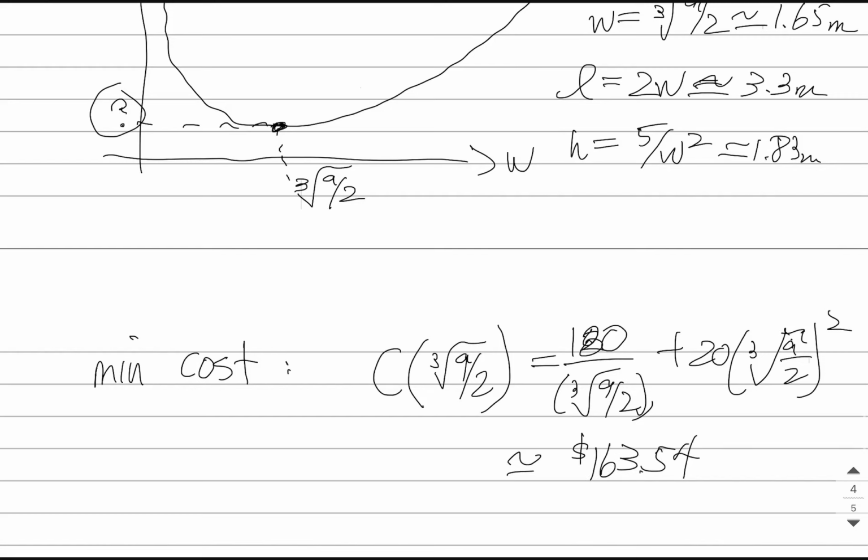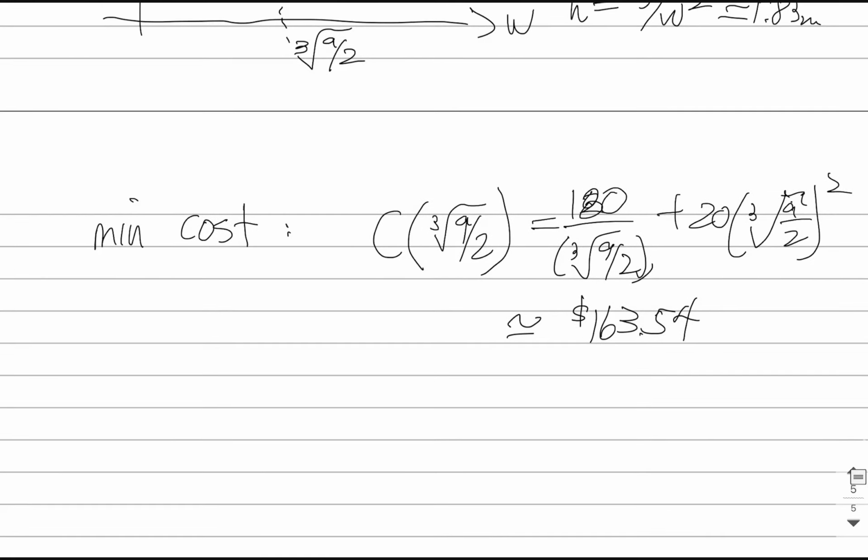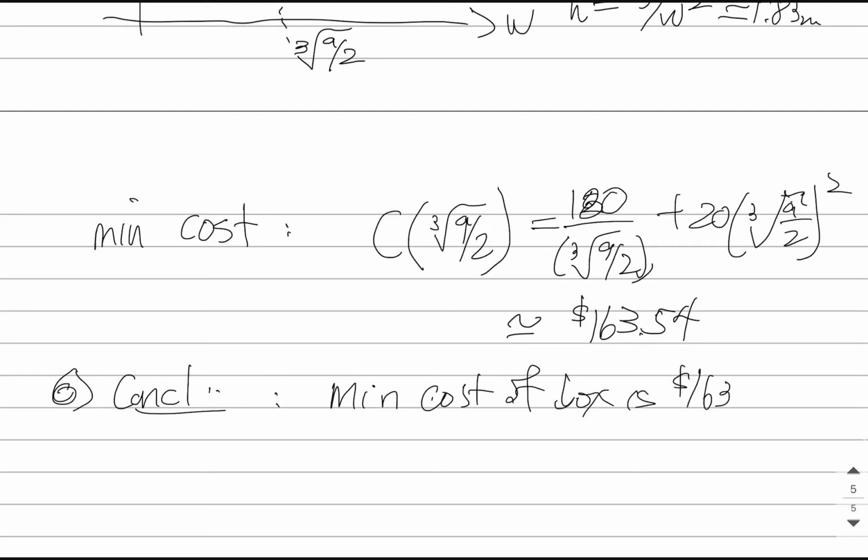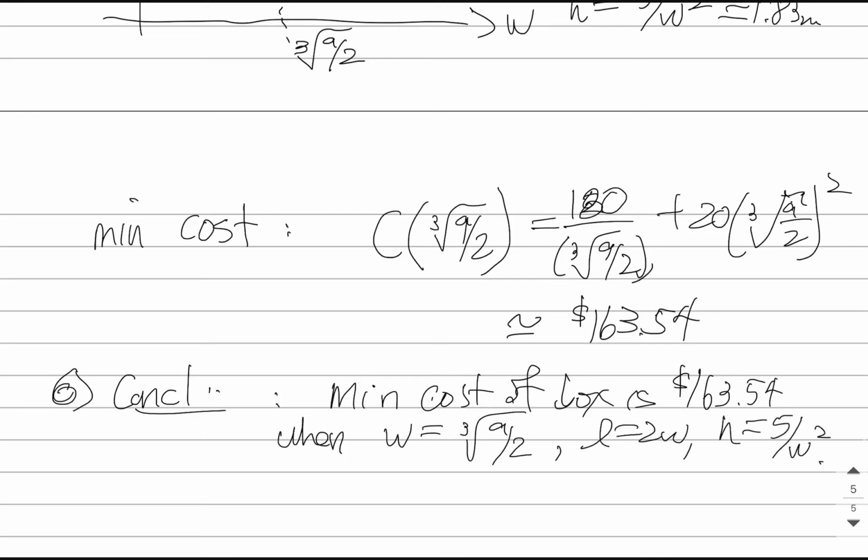It will turn out to be about $163.54. So the conclusion here, the minimum cost of the box is $163.54, and this will occur when the width is the cube root of 9 over 2, the length is twice that, and then the height is 5 over that width squared.